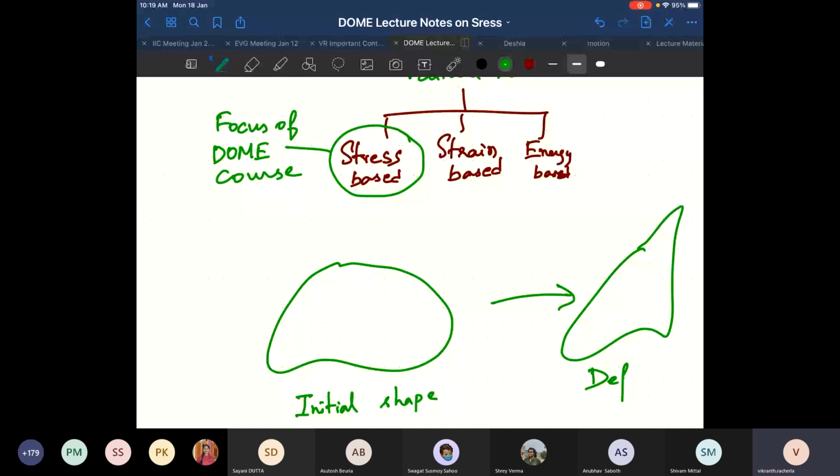deformed shape. Normally we use some symbols, omega naught and omega. Whatever quantity we define, like stress and strain, it is either defined on the initial shape or the final shape.